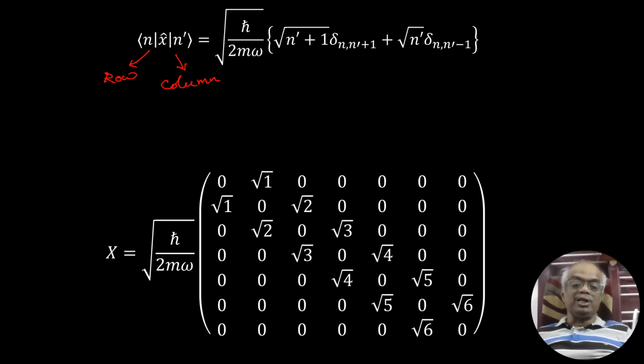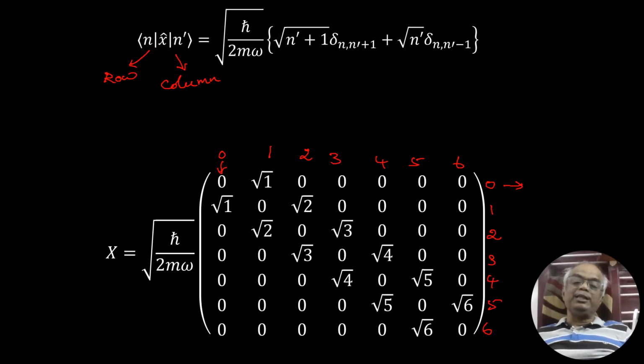This starts from the zeroth column, which I have marked with a downward arrow, then first column, second column, third column, fourth column, fifth column, sixth column. Similarly, rows: this is the zeroth row, first row, second row, third row, fourth row, fifth row, and sixth row.